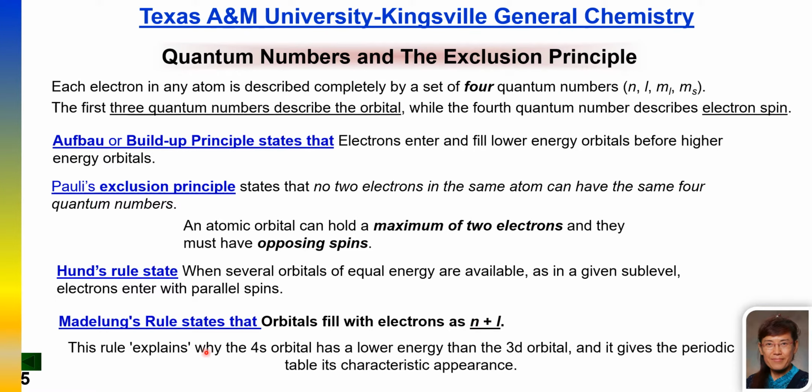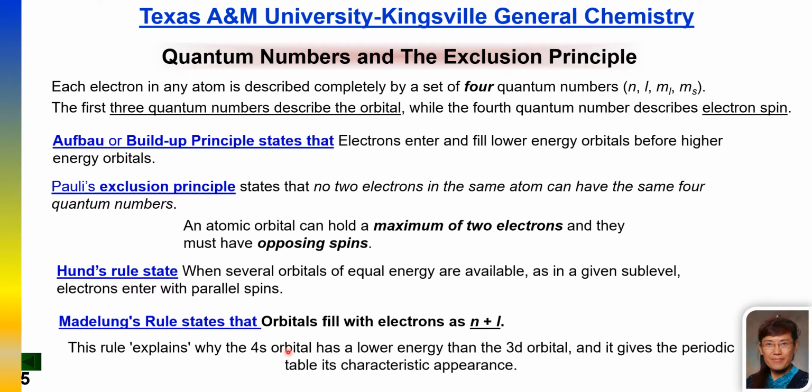For example, 4s and 3d. 4s has n of 4, l is 0. 4 plus 0 is 4. For your 3d orbital, its n is 3, l is 2. 2 plus 3 is 5. 5 is bigger than 4.